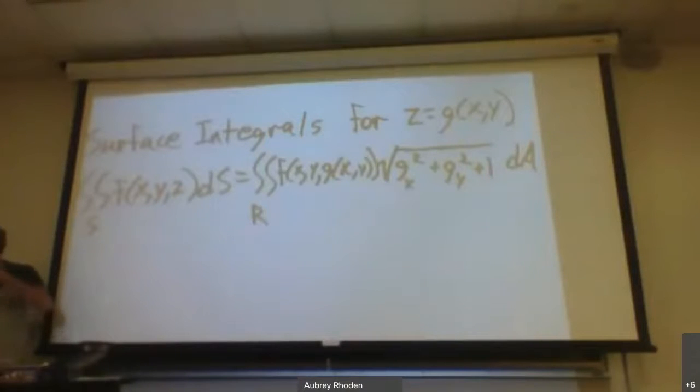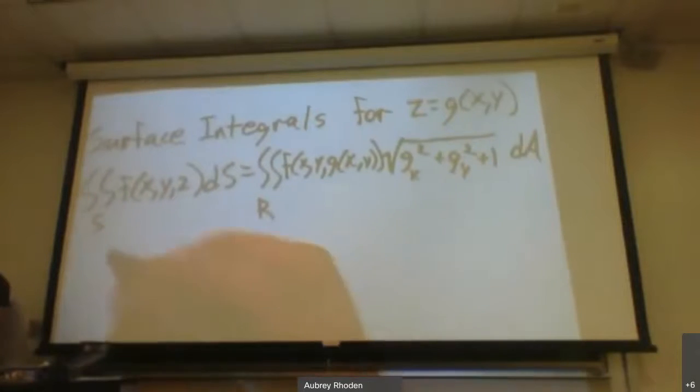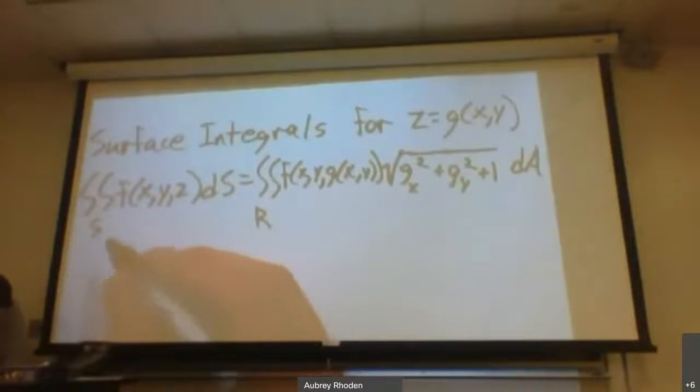So a surface integral of some f of x, y, z across a surface where z is just a function of x and y. Okay, so this is the formula.